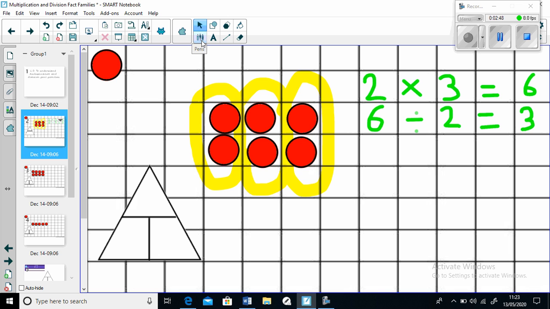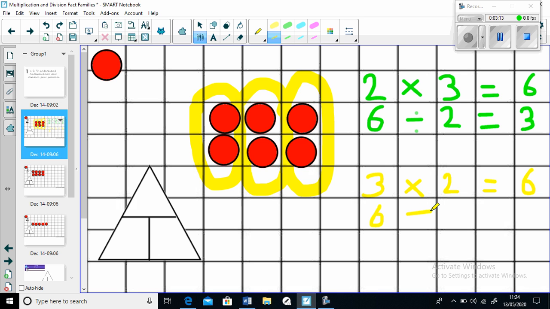I can use this little image to come up with a multiplication and a division problem again. So this time I've got 3 equal groups of 2. And altogether there's still 6 counters. Now again, if I think about this in terms of division, I could start with my altogether number, my dividend.